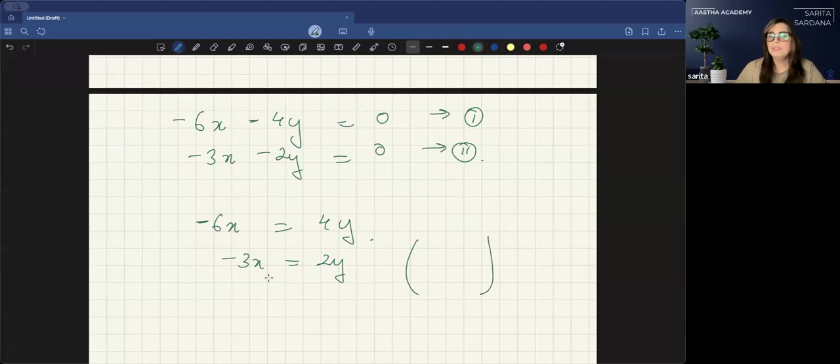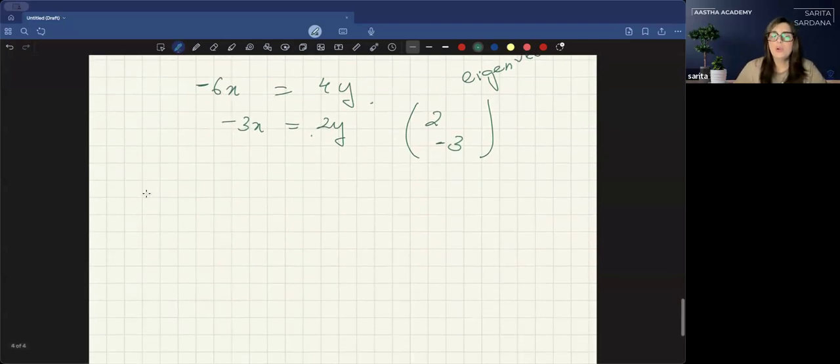And as I said earlier, the x coefficient will be here. That's minus 3. The y coefficient will be here. That's 2. So this is your eigenvector. Hence, if I just conclude it, A was basically [5 4; 3 1].